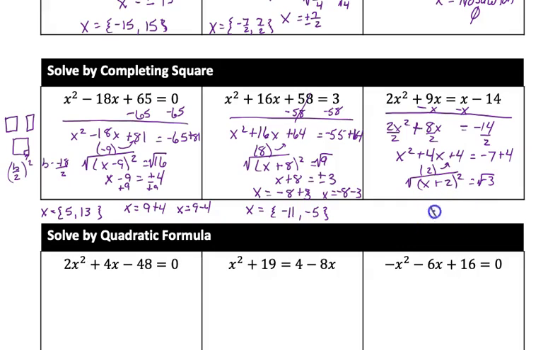So I would say, well, this is x equals, and I could say it's a null set, or I might just write the words no solution, because it is not a real solution. I cannot do that. And again, that's because I can't find a number that will multiply to make a negative if I multiply it by itself. So there is a recap of solve by completing the square.